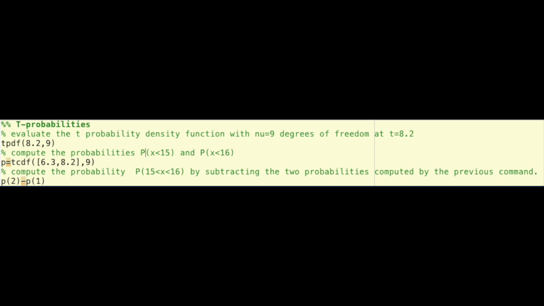Then, just like we did with the normal distribution, we'll subtract the first value of the resulting vector of probabilities from the second. Notice, if you're looking carefully at this code, that the comments are wrong and misleading. They're referring to a previous example where I was looking at a normal probability that a random variable fell between 15 and 16, rather than this t-distribution random variable falling between 6.3 and 8.2.